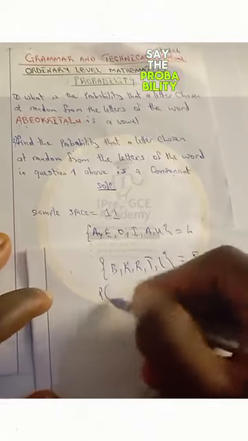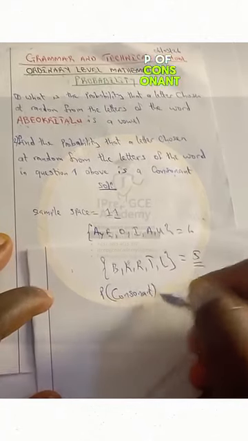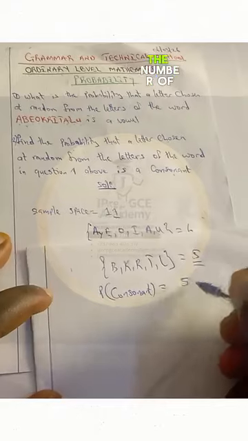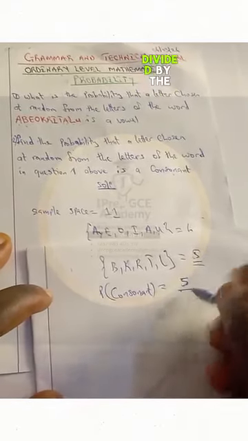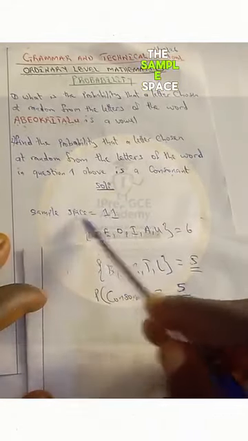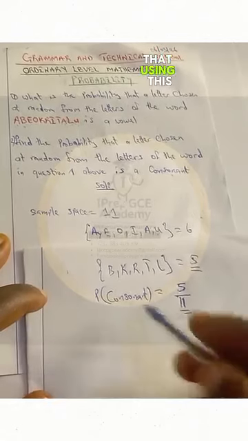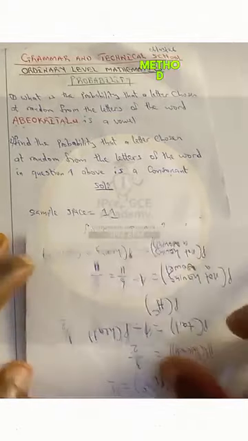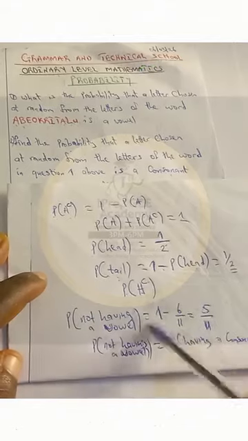So we can say the probability of having a consonant, P of consonant, is equal to the number of consonants, that's 5, divided by the total number of letters in here, and the sample space gave us 11. So that's 5 on 11. So you see that using this method gives us the same answer as using the method of the complement of the probability.